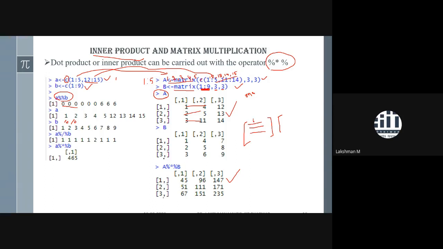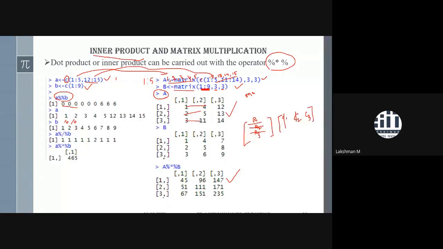Suppose it is a 3 by 3 matrix: the first row comes here, this one is the second row, and this one is the third row. The second matrix, which we call the post matrix, we keep column-wise: first column, second column, and third column.